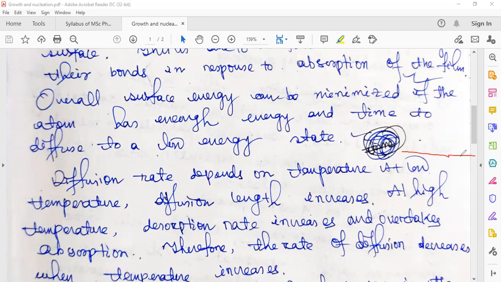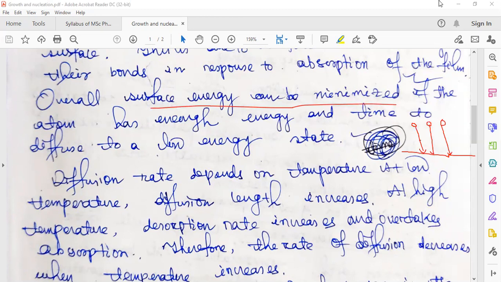This is the surface of the substrate. These atoms from the target or from the source are incident on the substrate. Now this overall surface energy can be minimized if the atoms have enough energy. What will happen?